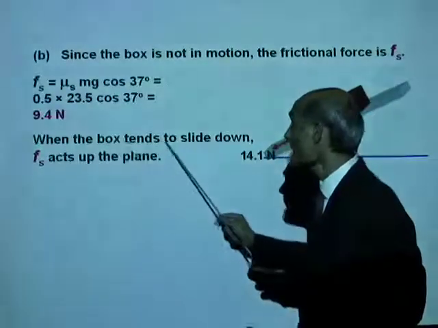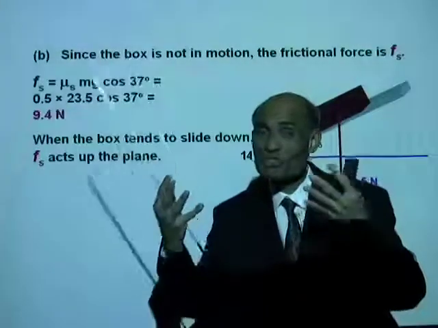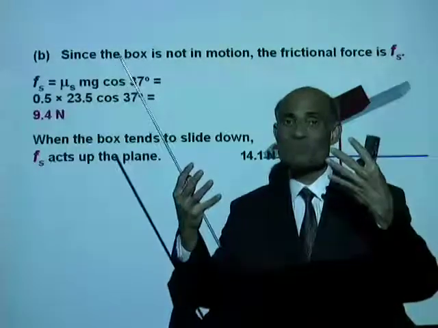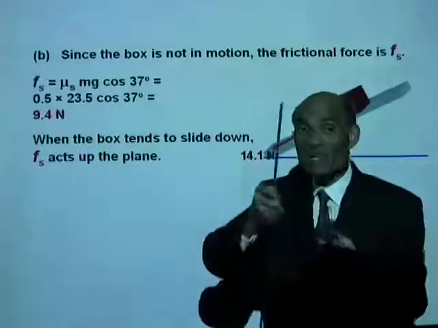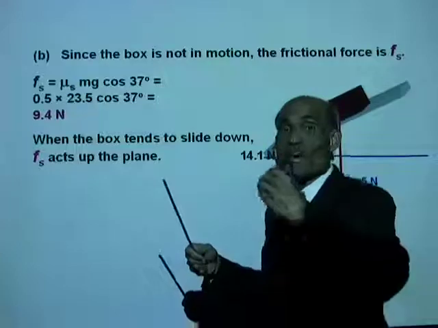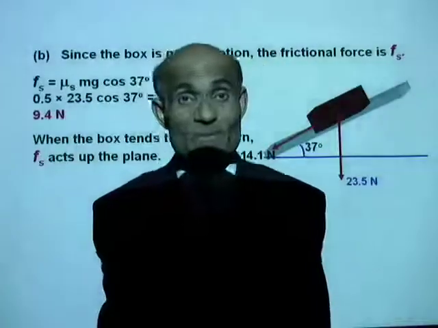When the box tends to slide down, I know many of you have problem understanding this concept. I have seen it in my class before. When the box tends to slide down, the force of static friction is acting up the plane. Is that right?